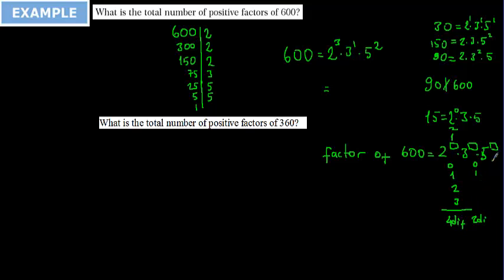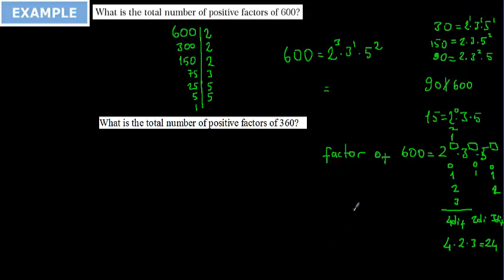For this box I can write 0, 1 or 2, so 3 different numbers. So the answer is 4 times 2 times 3, which is 12 times 2, 24 different factors we can write.